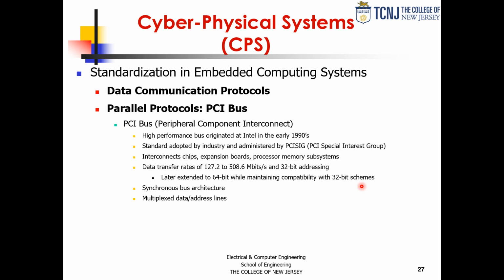This was a synchronous bus, meaning that it had a clock, and it used multiplexed data and address lines that we saw a few minutes ago. These are things that I'm sure were discussed and trade-offs were made, and this is the approach that was taken from a systems perspective.